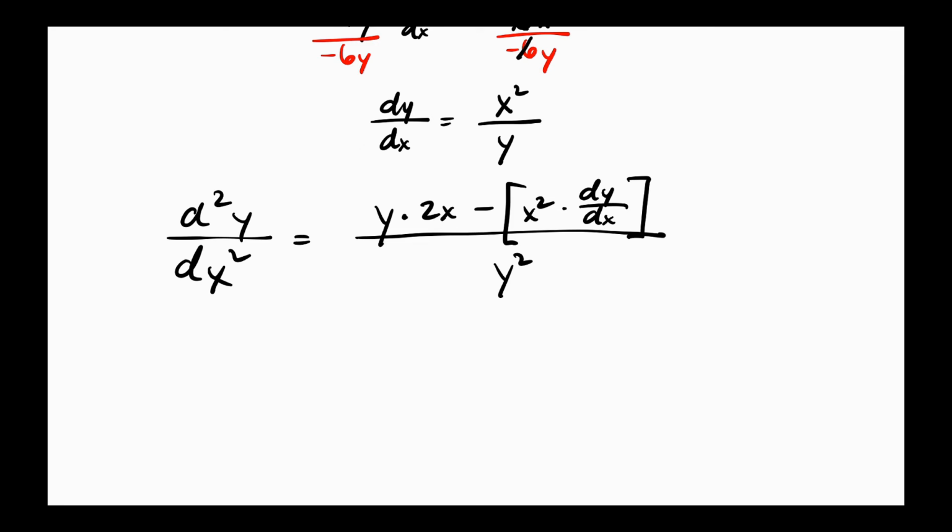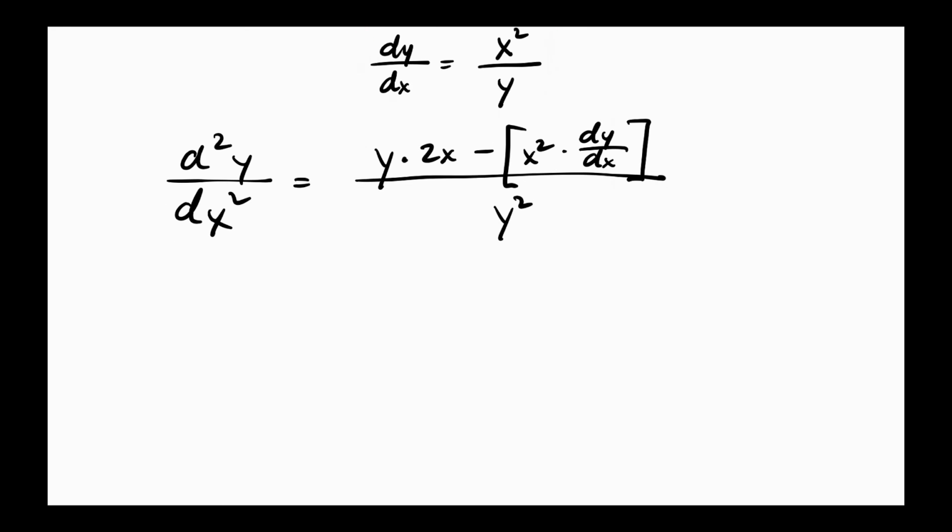I'm going to take away the dy dx, and I'm going to put in what dy dx is. dy dx is x squared over y. So I'm going to substitute this guy in for this guy here inside the parentheses, because I can't have a dy dx and a d squared y dx squared. So 2xy minus x squared times, and this is where I'm going to put in this guy here.